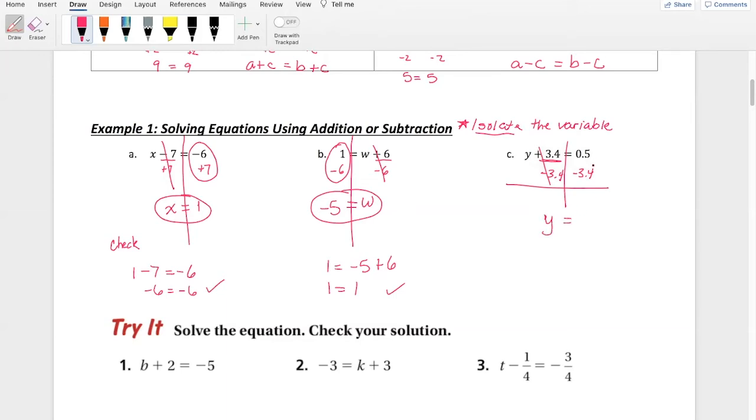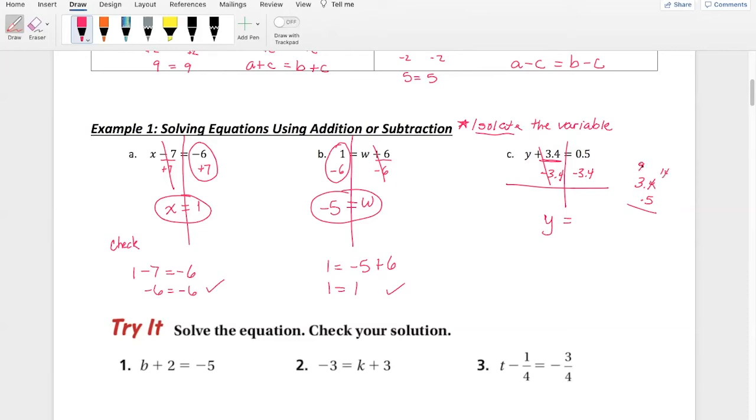my equal sign. And then we have 0.5 minus 3.4. Now remember, when you are subtracting, I've got 3.4 and 0.5. I want to line those up. I'm subtracting because they're different signs.